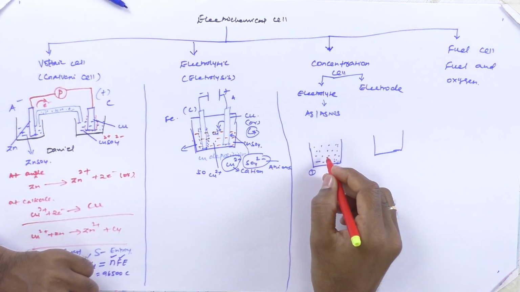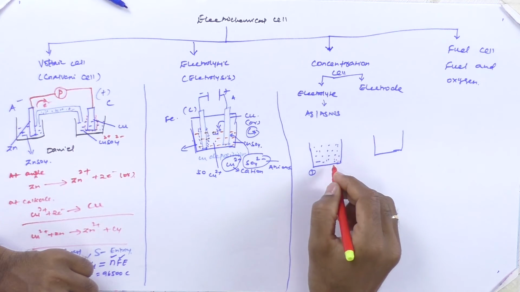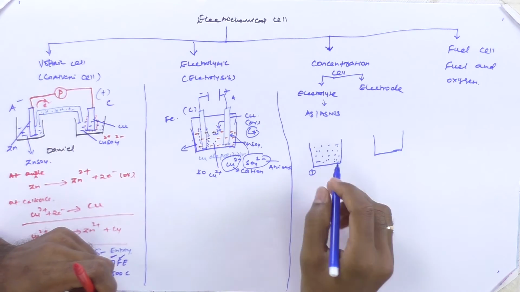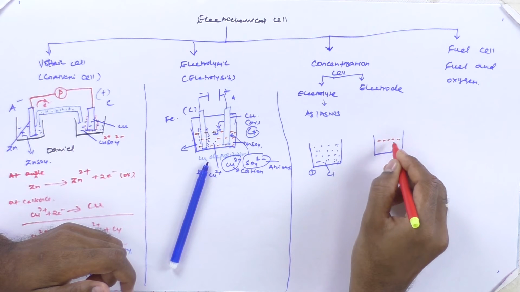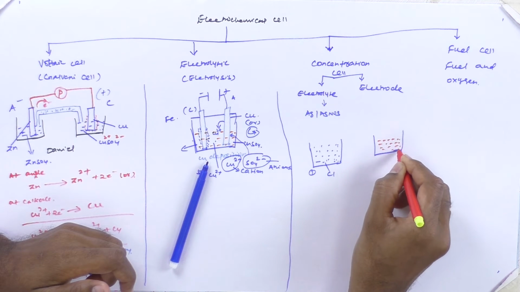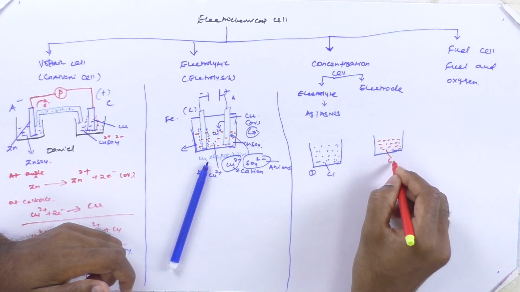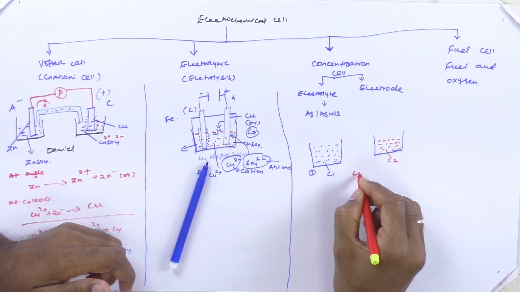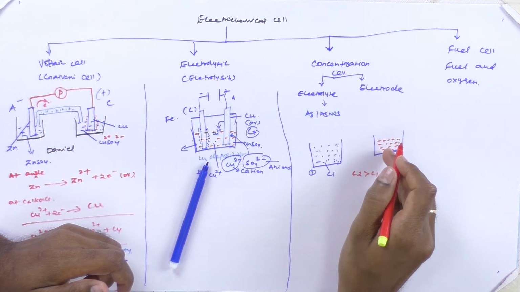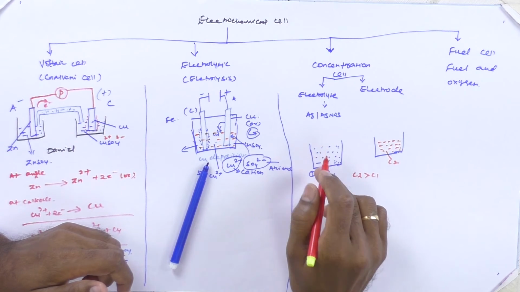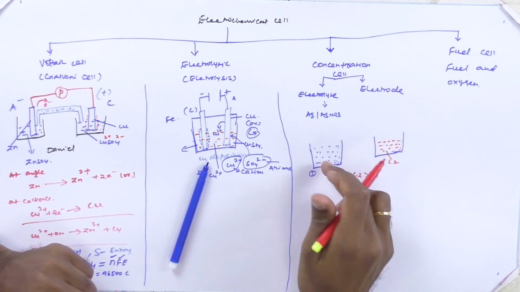In the first compartment I took silver nitrate, and let us assume its concentration is C1. In the second compartment I took silver nitrate again, but the concentration is C2, where C2 is greater than C1, which means C2 is the higher concentration solution and C1 is the lower concentration, compared to this one.